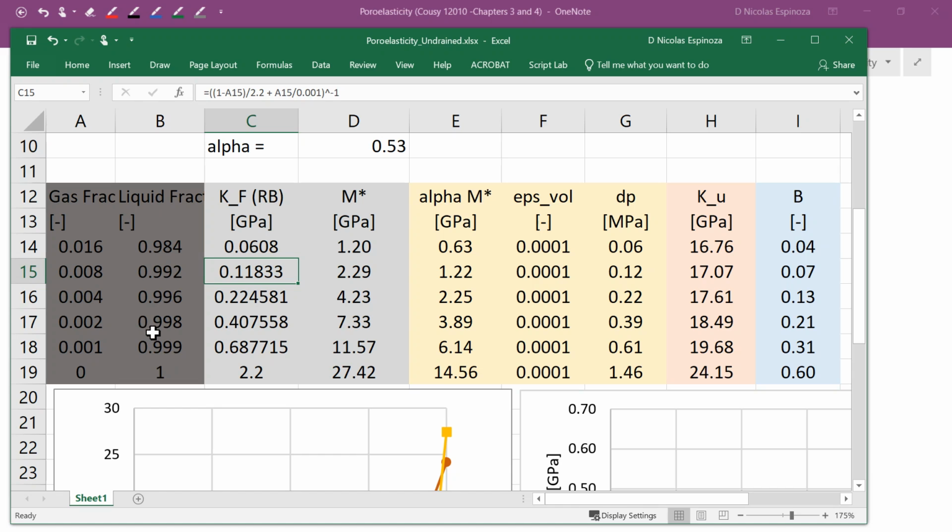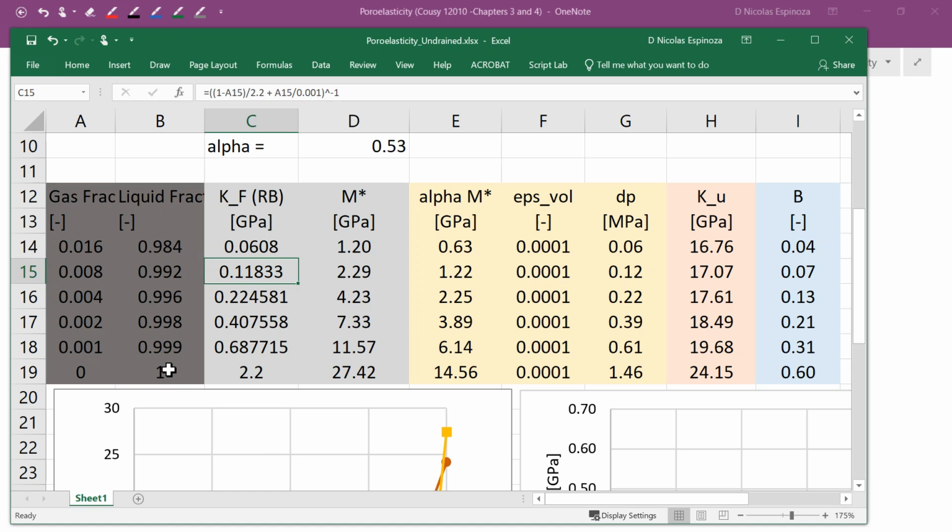But even a small fraction of gas or bubbles, for example just 1% of bubbles or 1/1000 of a bubble, will affect significantly the bulk modulus of the fluid as a bubbly mixture.